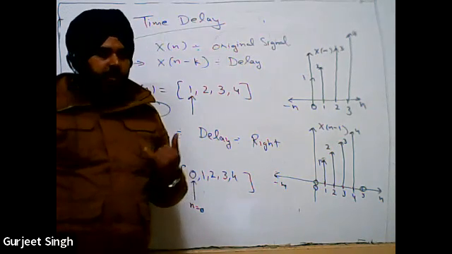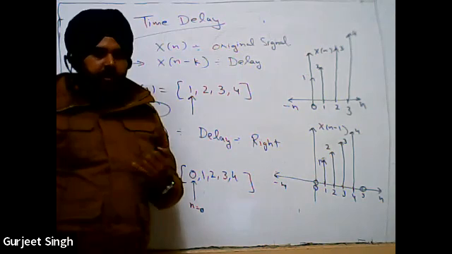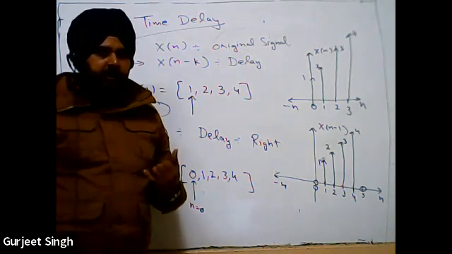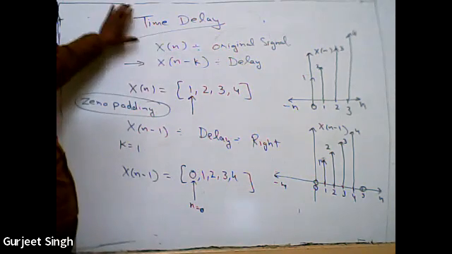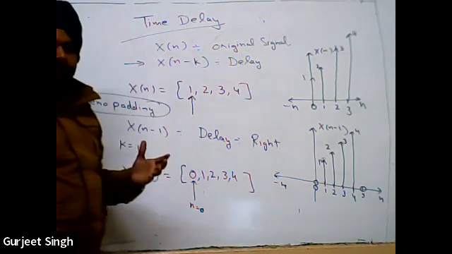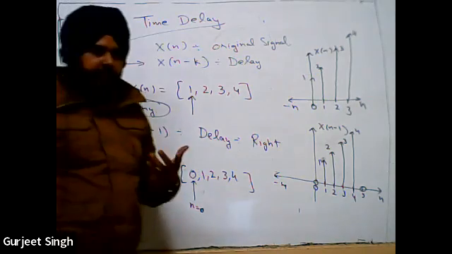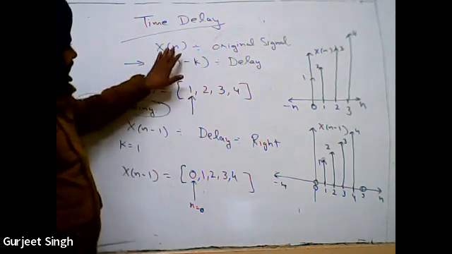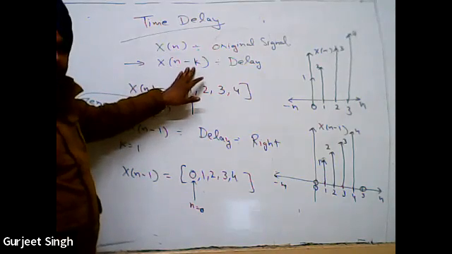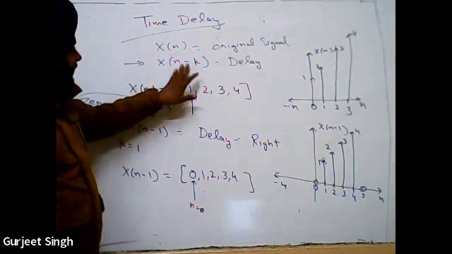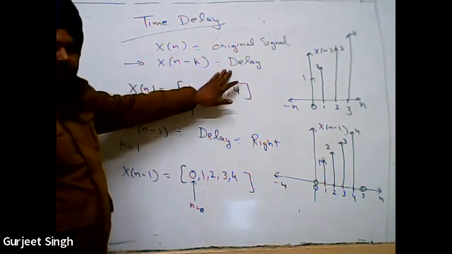You do not receive the voice of the receiver instantaneously. There is some delay. That is called the time delay. But in signals and systems, in our mathematical representation, we represent the delay by x[n-k]. This negative sign represents the delay of the signal.